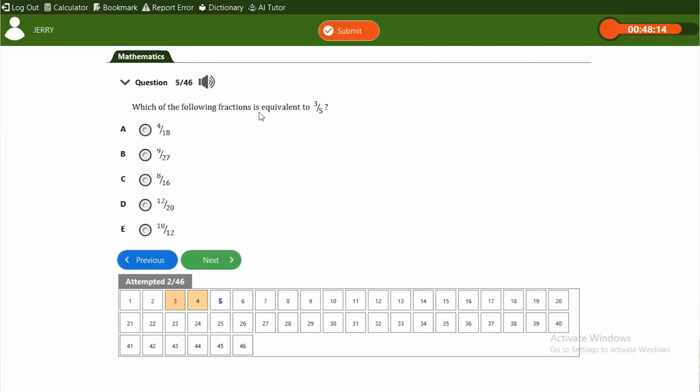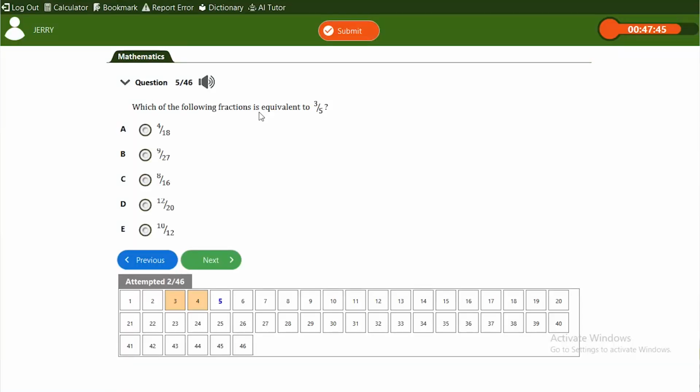So let's look at the first one. You know it's definitely not 4 over 18. Why? Because 3, the numerator of the fraction they gave to us, is not a factor of 4. So 4 is out of it.